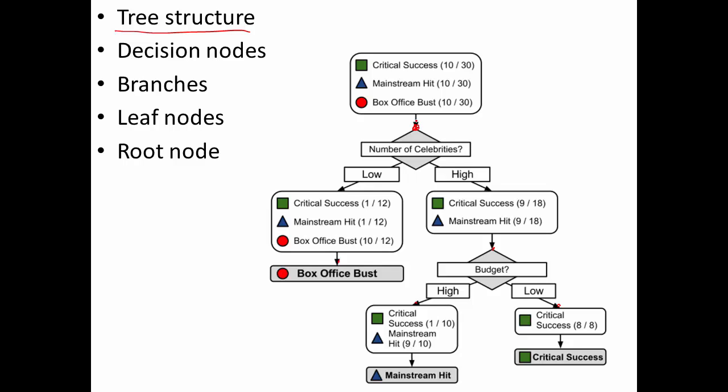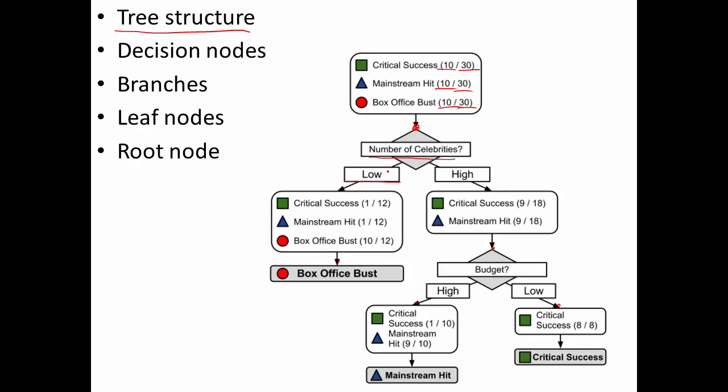So how do we go about it? First of all, we have 30 movies, 10 of each kind: box office bust, mainstream hit, and critical success. The question is how to differentiate between them. The first thing the decision tree does is look at the number of celebrities. If the number of celebrities is low, remember these were the red circles, then we're almost done.